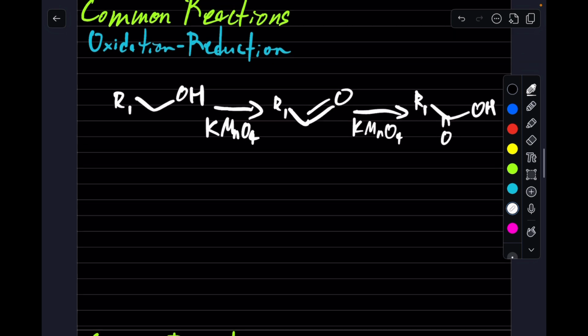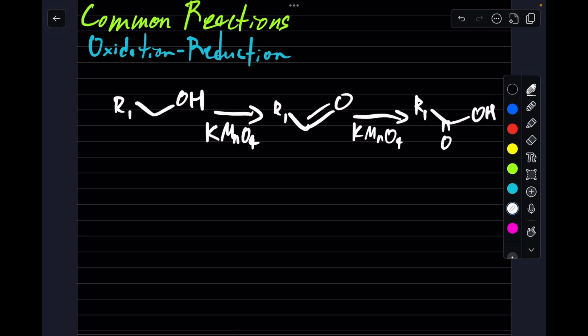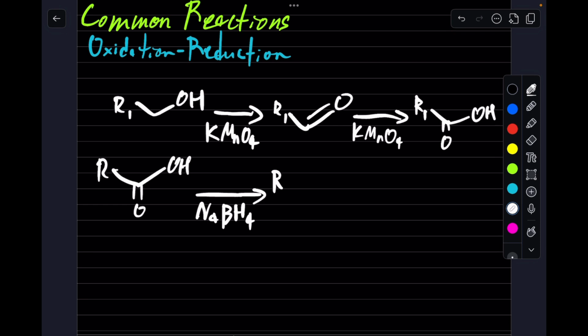And if you wanted the reaction to go in the opposite way, you would use a reducing agent, such as, for example, sodium borohydride, and this would turn carboxylic acids into ketones, and also turn ketones into alcohols.